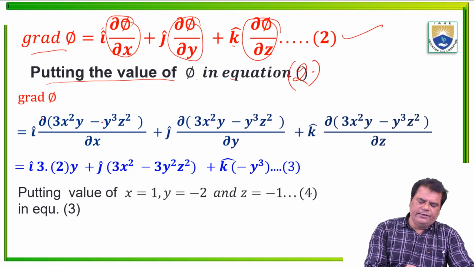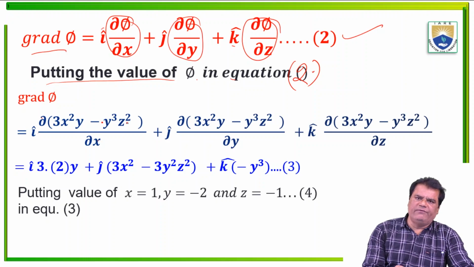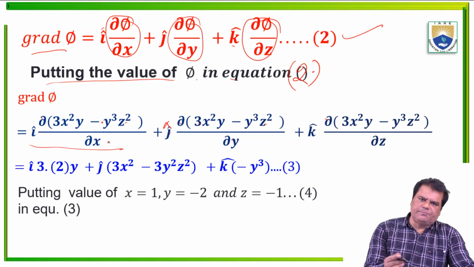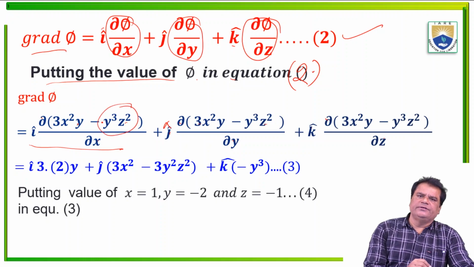Putting the value of phi from equation 1 in equation 2. So here i cap ∂/∂x of the value of phi, plus j cap ∂/∂y of the value of phi, plus k cap ∂/∂z of the value of phi. Now in the first term we differentiate with respect to x. y and z are constant, so that function is 0.